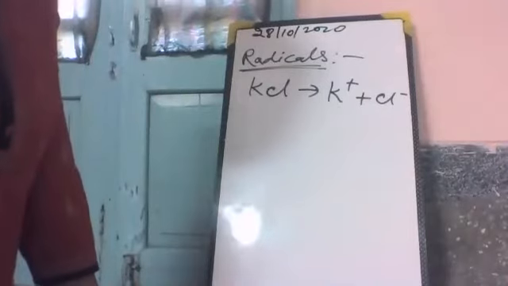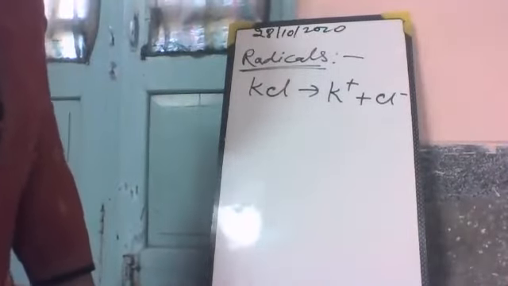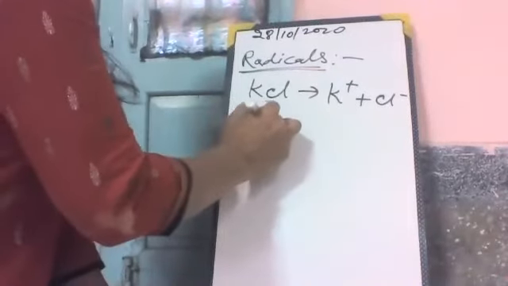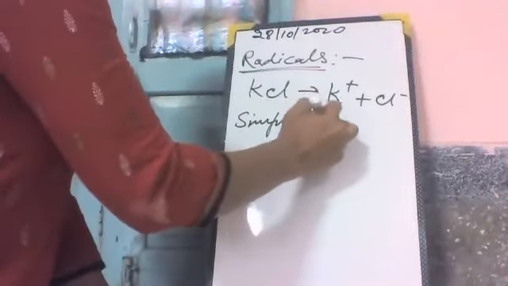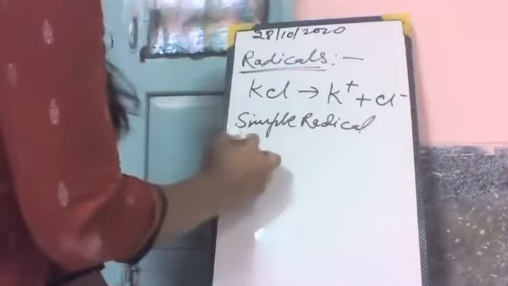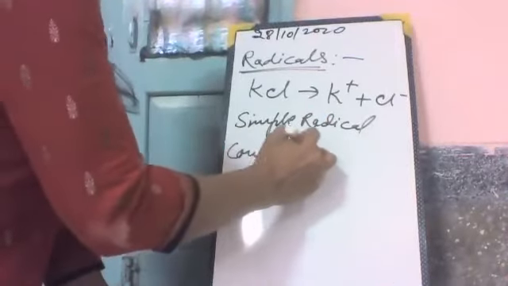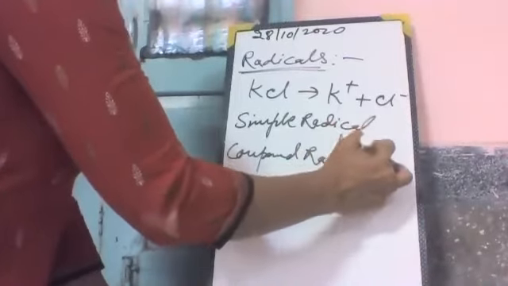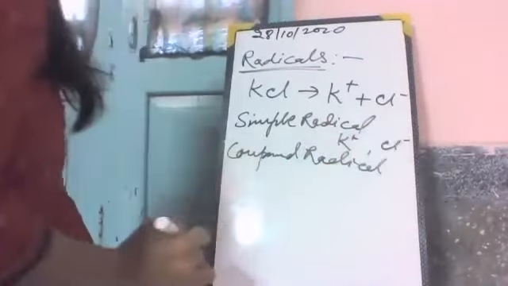There are two types of radicals, simple radical and compound radical. Simple radicals are potassium and chloride.